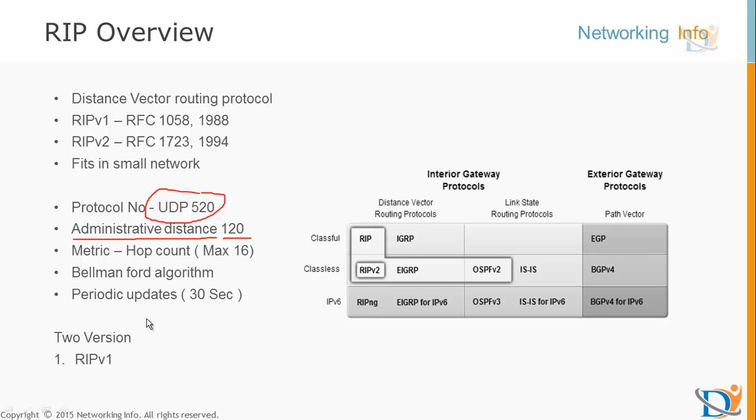There are two versions, version 1 and version 2. Let's understand the comparison between the two. RIP version 1 is a classful protocol, and there is no authentication in RIP version 1. We first need to understand what classful is. Classful routing protocols do not send the exact subnet mask.